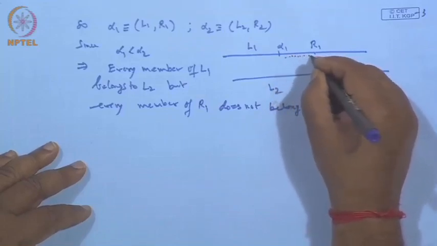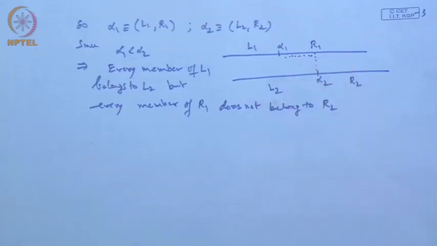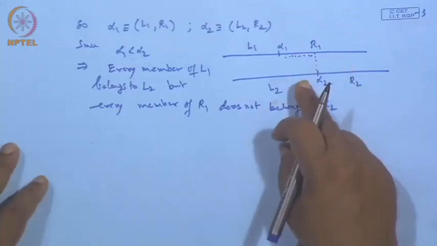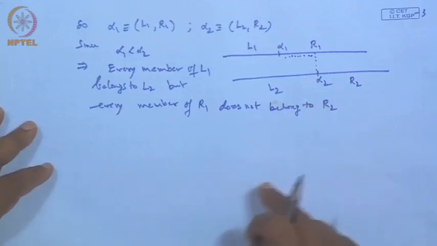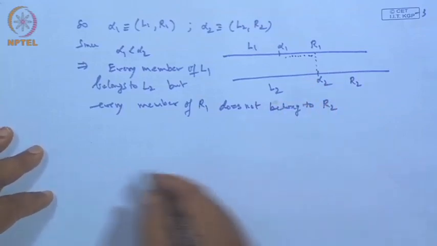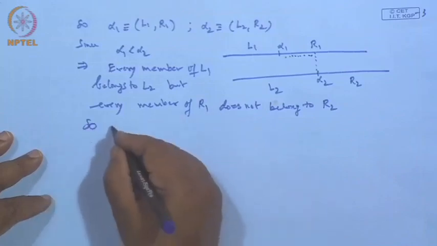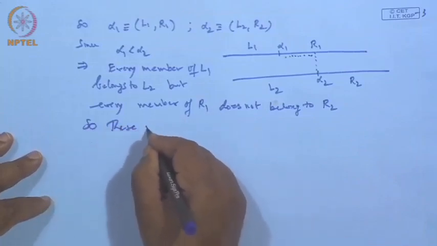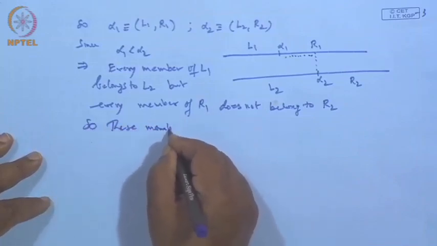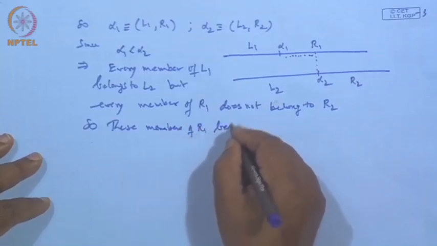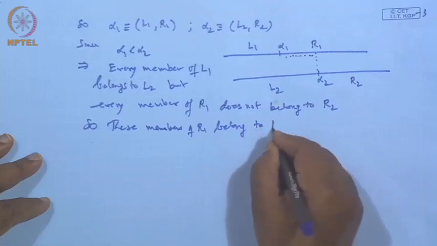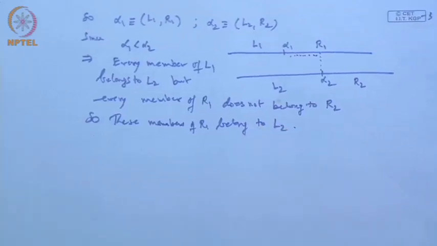These are the points which do not belong to R 2, okay. But they are in L 2. So, these members of R 1 belong to L 2, is it okay?